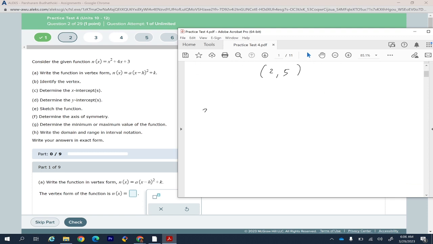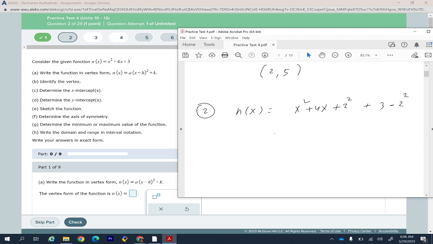Question number 2. So you have n of x equal x squared plus 4x plus 3. Write down this 3 a little bit far. We have to complete the square by adding the square of half of this number, which is 2 squared. But you cannot just add some number randomly, so you also have to balance it by subtracting the very same number.